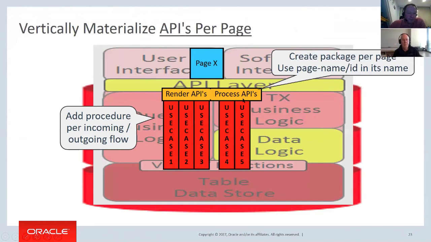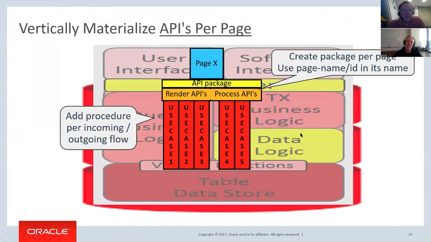And if you create a naming convention that helps you match this package to a certain page out there, or to a certain REST call or set of REST services that you offer for a different application, that helps you very quickly drill down into your code base whenever something is wrong with page X or whenever something needs to be changed on a certain REST endpoint. So naming conventions inside the database in terms of your stored PL/SQL modules are very important also.